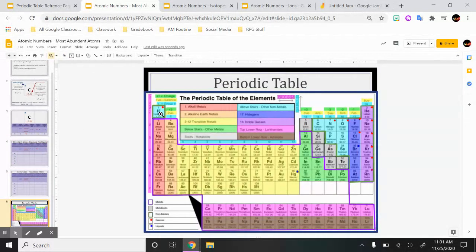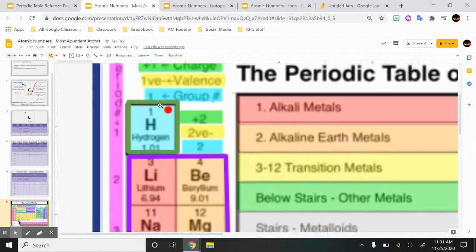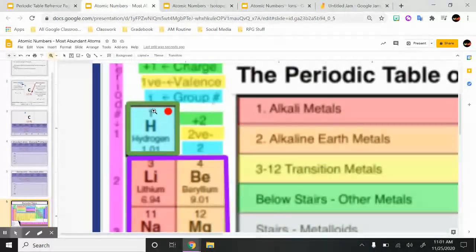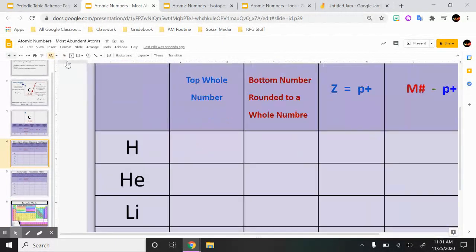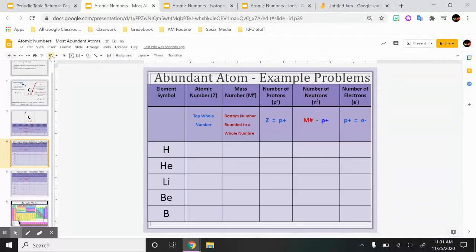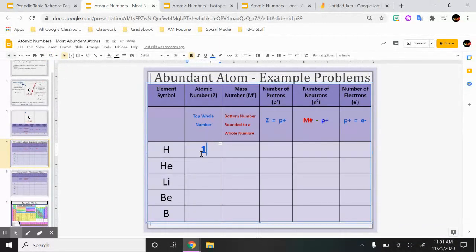So our first element is hydrogen. So for hydrogen, I can see that there's a 1 at the top, so that's my atomic number, and 1.01 at the bottom. So that's my mass. So my atomic number for hydrogen was 1.